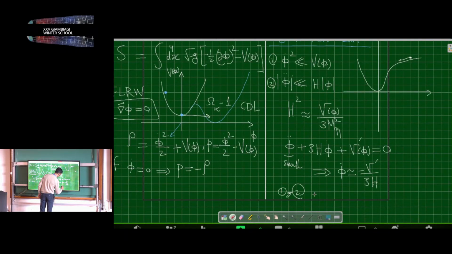So epsilon much less than 1 and absolute value of eta much less than 1, where epsilon and eta are defined as follows.